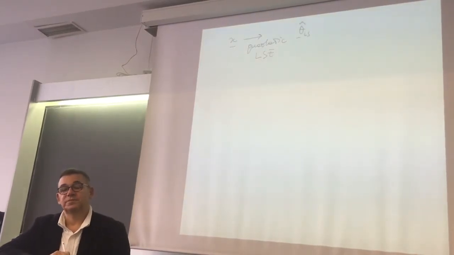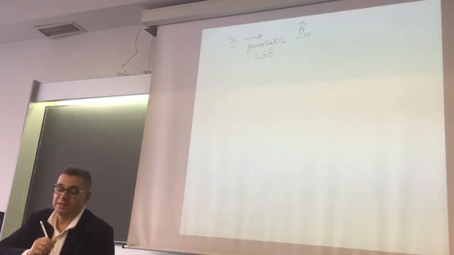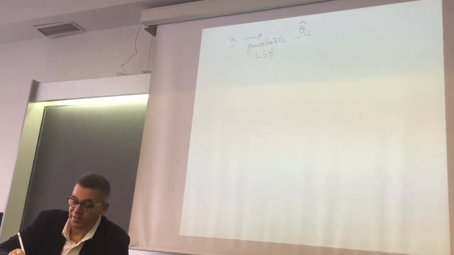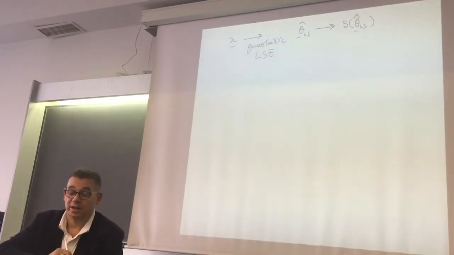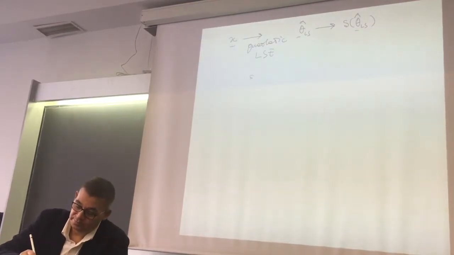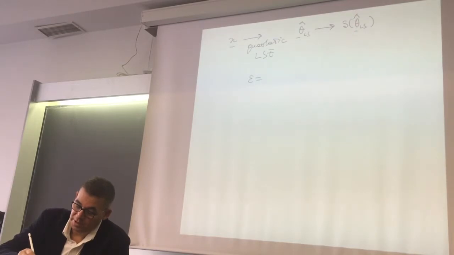Now, what you can do is you regenerate the data from this one, using theta hat least square, and then you can calculate the error, which is x, the vector of x, minus s theta hat least square.